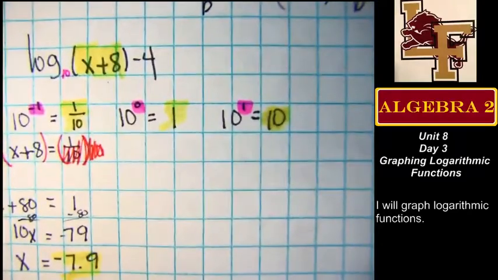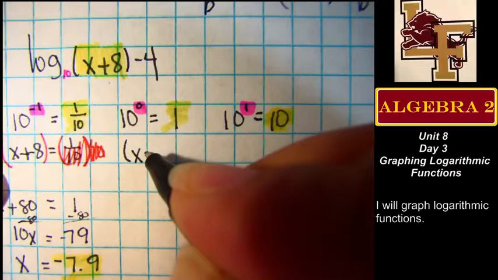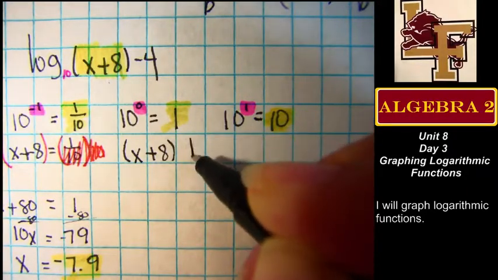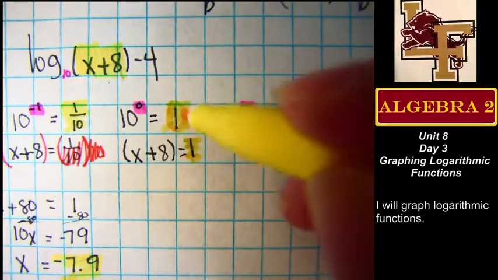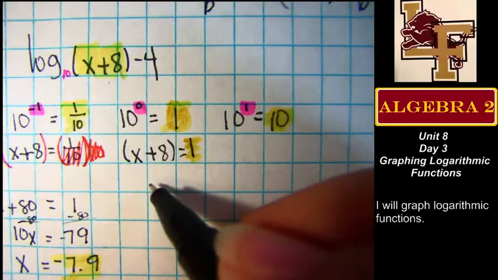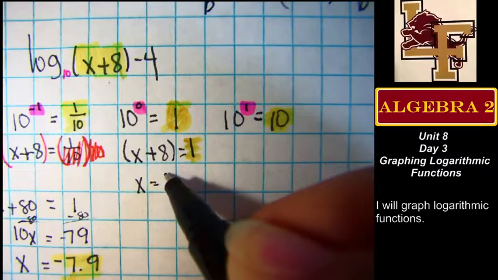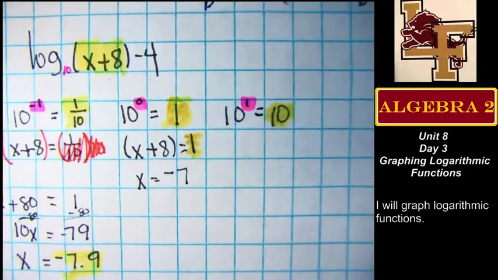Okay? All right, so I'm going to figure out where this equals this value. Okay? And again, we're looking at this value right here. So x equals negative 7. Okay?